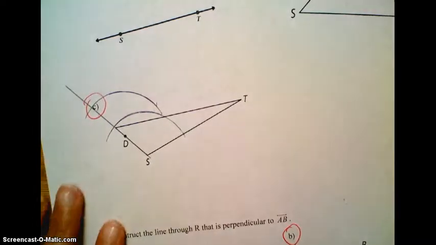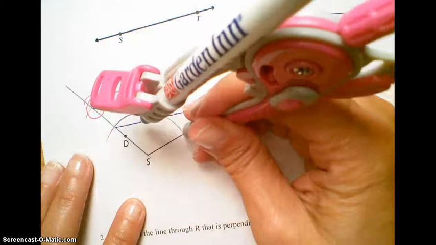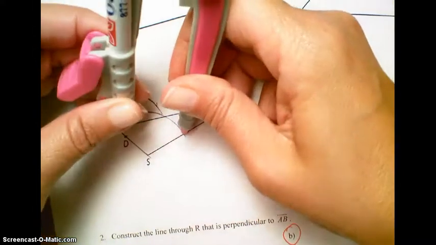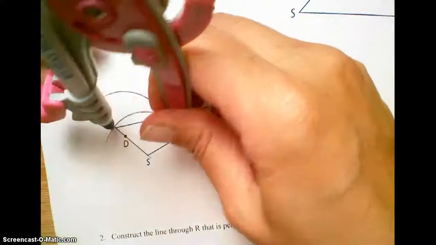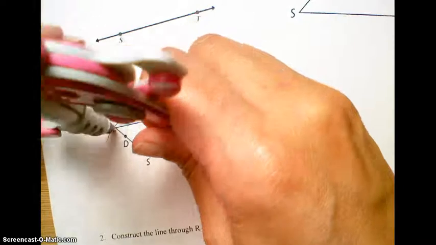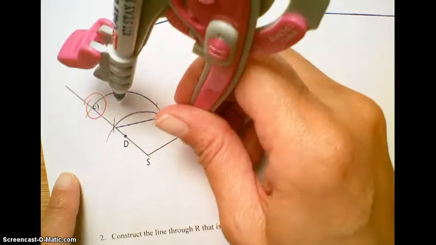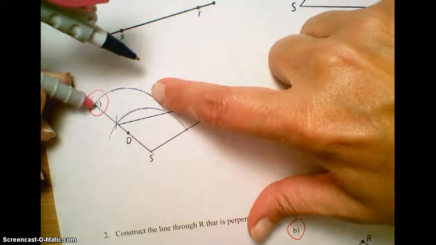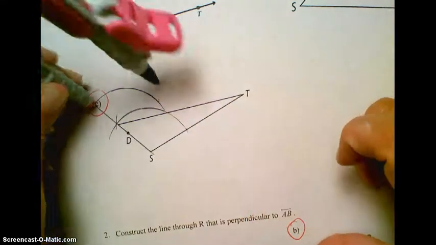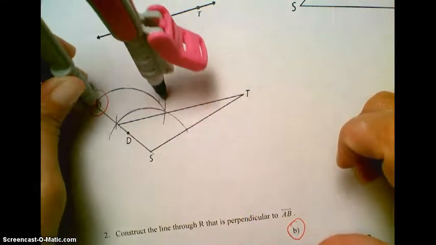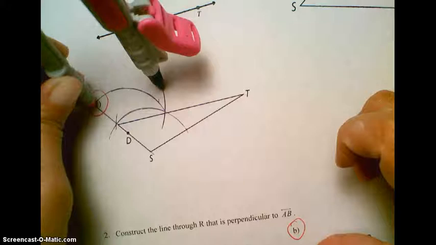Okay, now I come back to the first angle and I measure across from intersection point to intersection point as best you can. I then go to the intersection point created by the second arc and I draw the arc that crosses it.